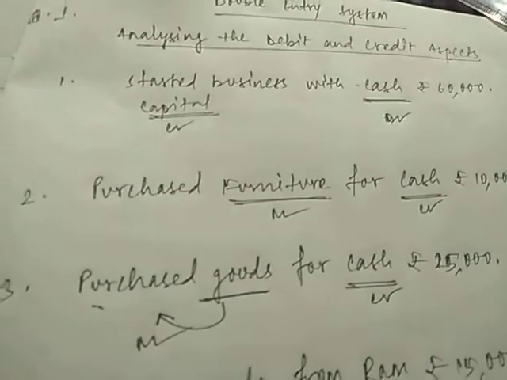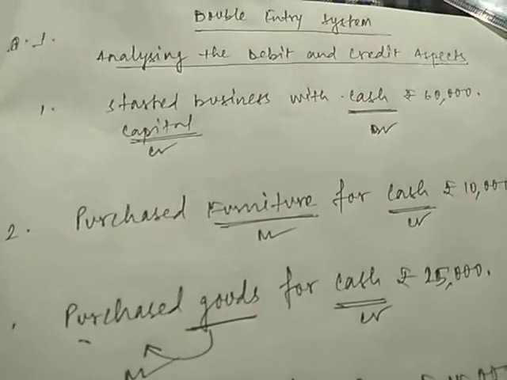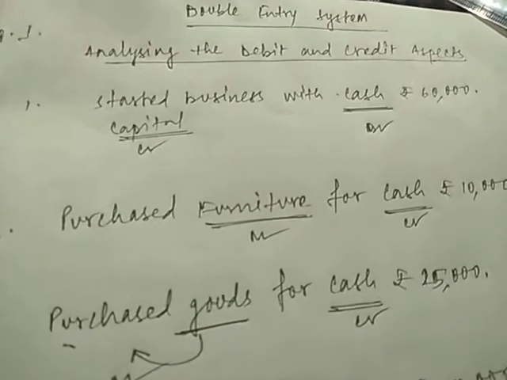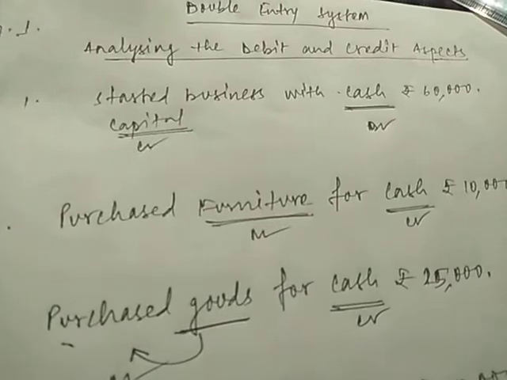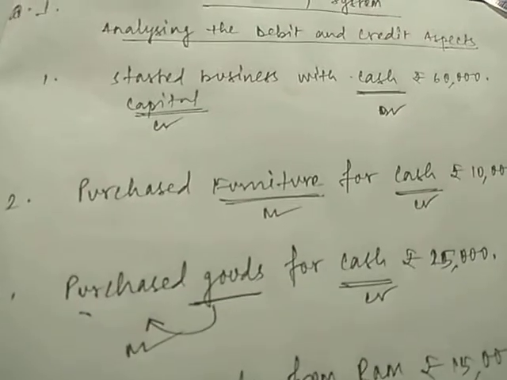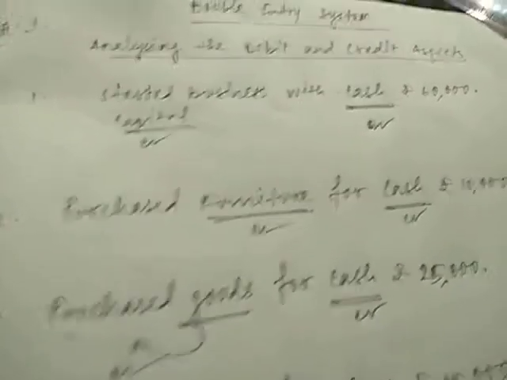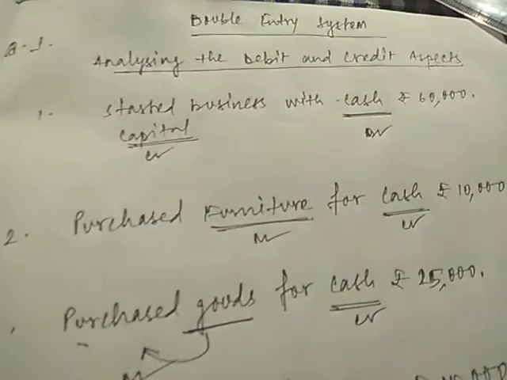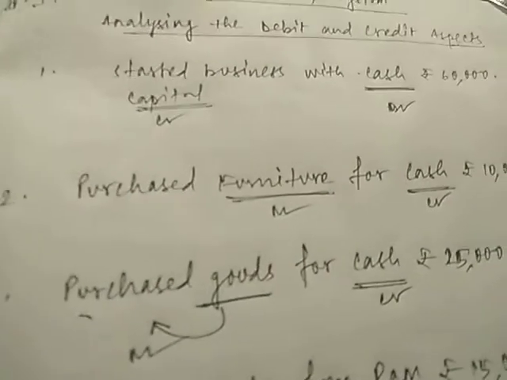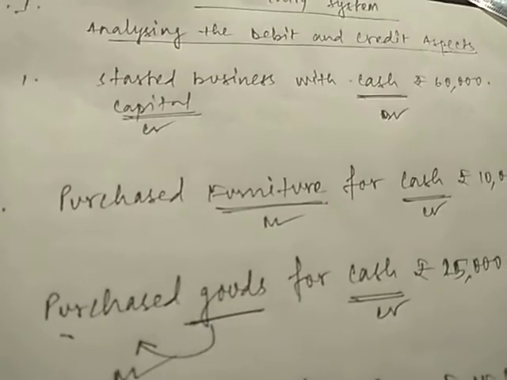On the other hand, the owner has invested the money. Since the money has been received from someone, he is the owner in that case. But if you see the aspect of the business, as I have told you about the double entry system and dual entity concept, the owner and business are different.